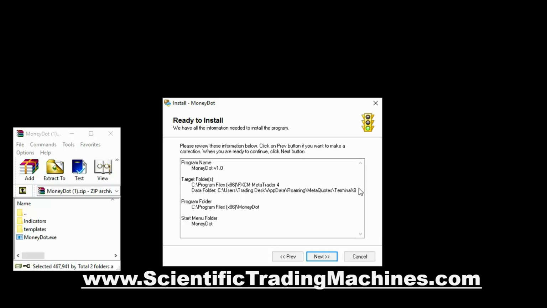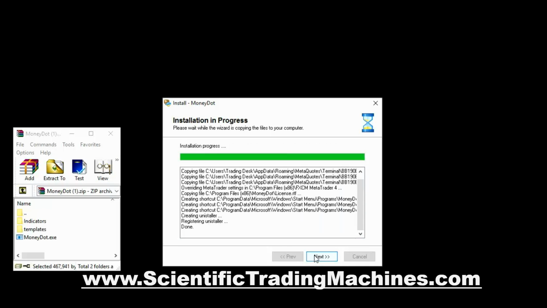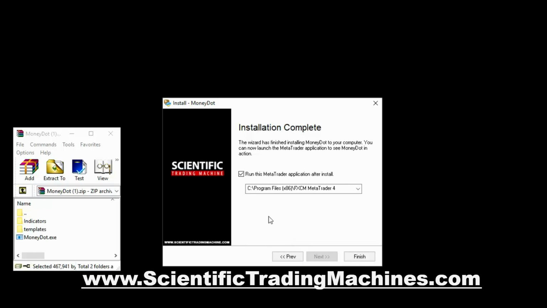After that, you will see exactly where we are going to install your indicator, and if everything is correct, you just click next. As you can see, the installation process was really fast. We need to click next once again and see if you want to run the MT4 right away. In this case, I don't want to, so I will uncheck this and click finish.